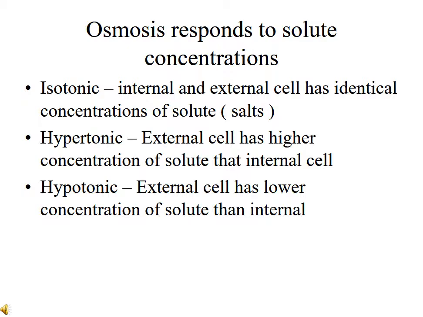What do we do? We put it into some clear water. By putting it in clear water, which is a hypotonic solution, we're actually allowing the water from the outside to move into the cell and get the salad crispy.